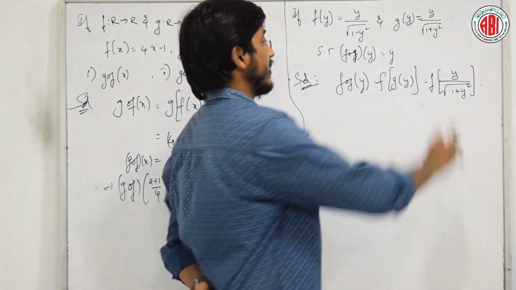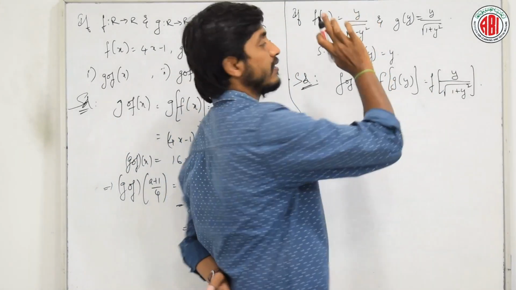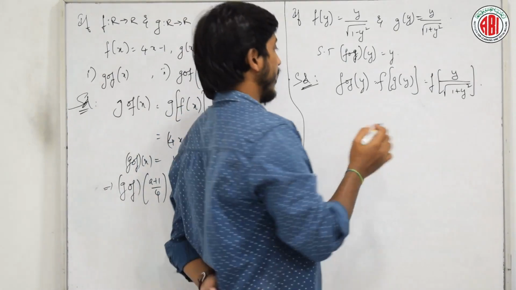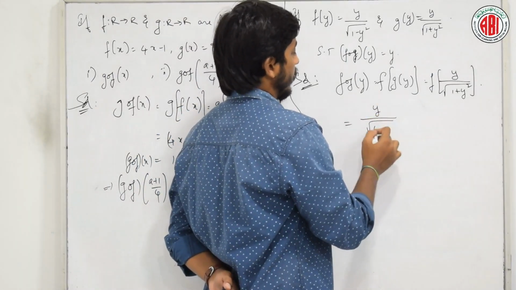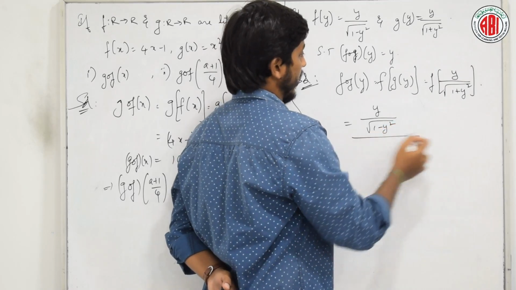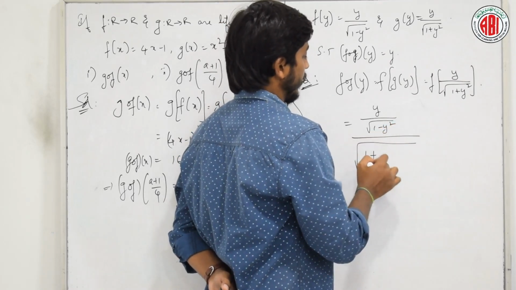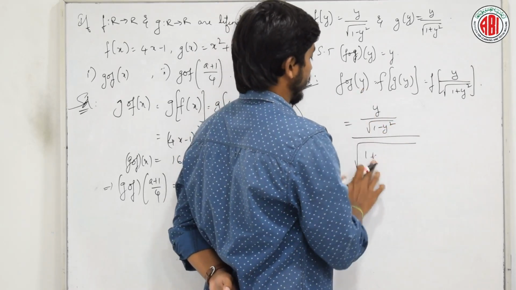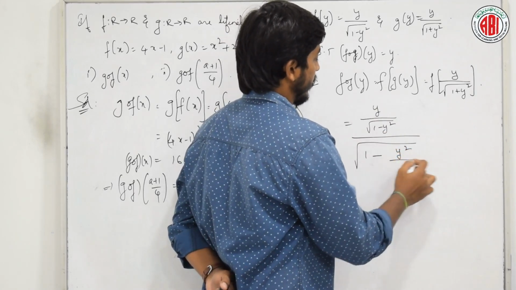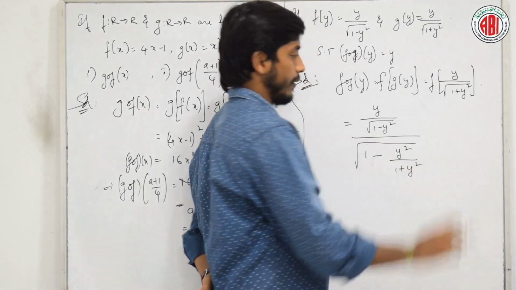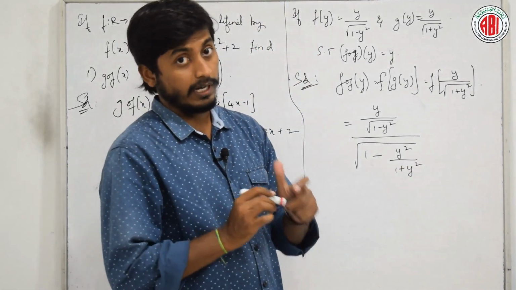Now let us substitute this in terms of this y. That is y by under root 1 minus y square by under root 1 plus y square.